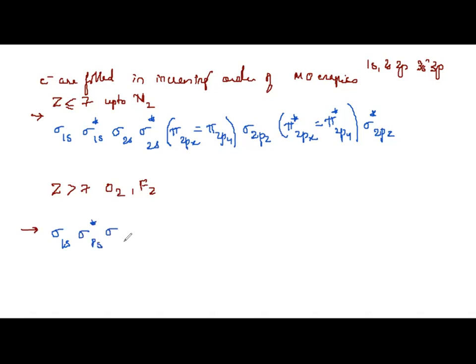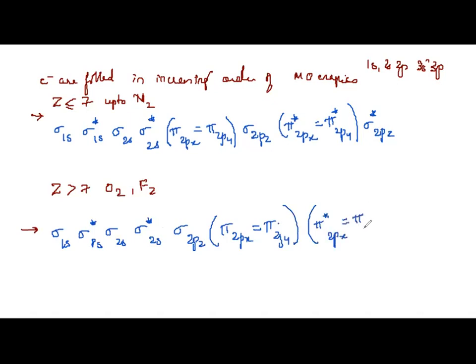Then sigma 2s, sigma star 2s. Then we write sigma 2pz. Then pi 2px equal to pi 2py. Then pi star 2px equal to pi star 2py. And last, sigma star 2pz.